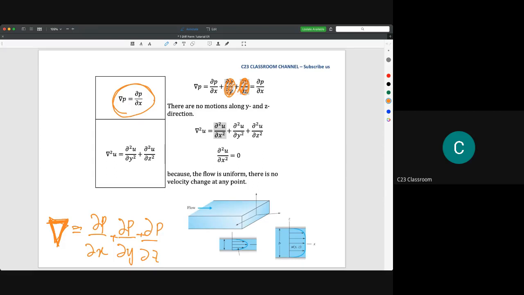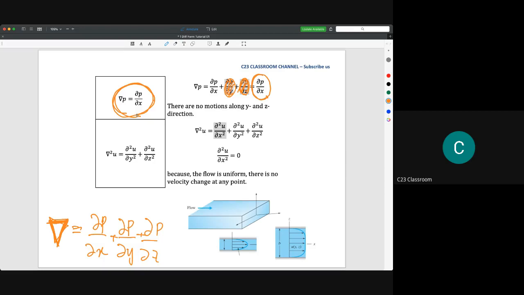So it means that if the velocity only moves in the x direction, the pressure only acts in the x direction. So now for nabla p, we could replace it with dp/dx. So now we write here nabla p is dp/dx.